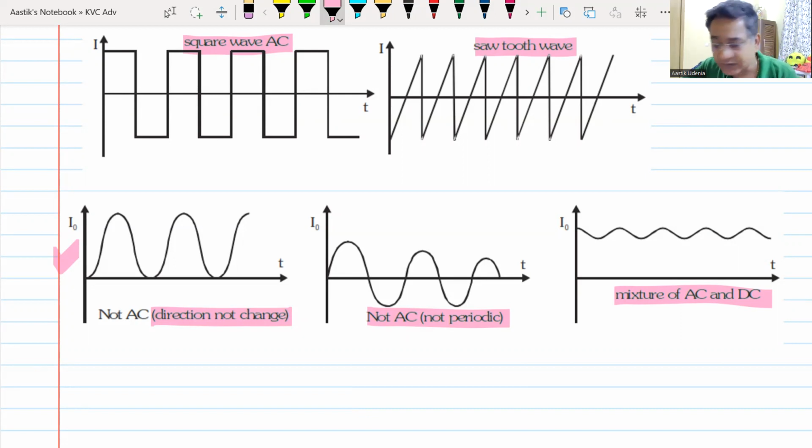it's a combination. So, in order for a current or a voltage to be said to be alternating in nature, it must have amplitude constant and it must have periodic nature.